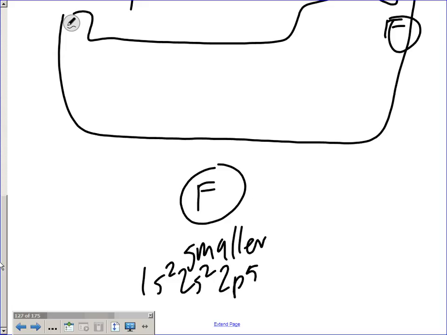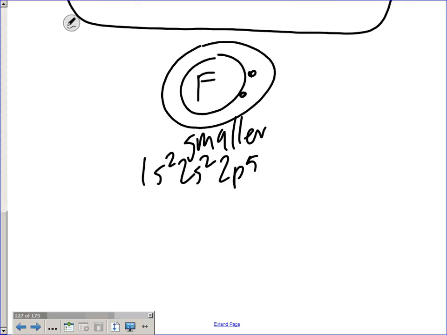So it's got 1 energy level, which is that 1, and it's got 2, which is that second energy level. So we got 2 energy levels, which I'm drawing kind of like the Bohr model here. If I have 1, 2, which are my 2 electrons in the inner energy level, and I've got how many on the outside? 7. So 1, 2, 3, 4, 5, 6, 7. Okay, so I got 7 electrons there.